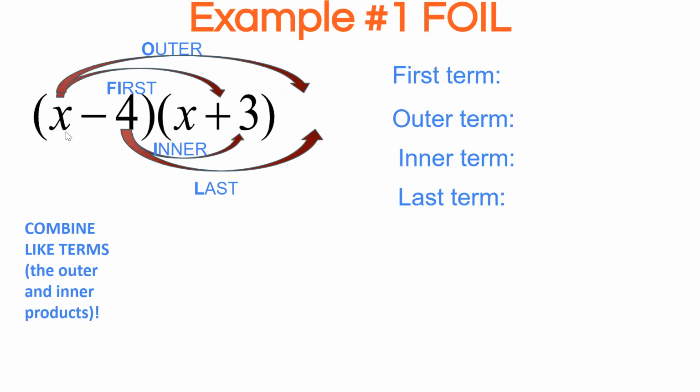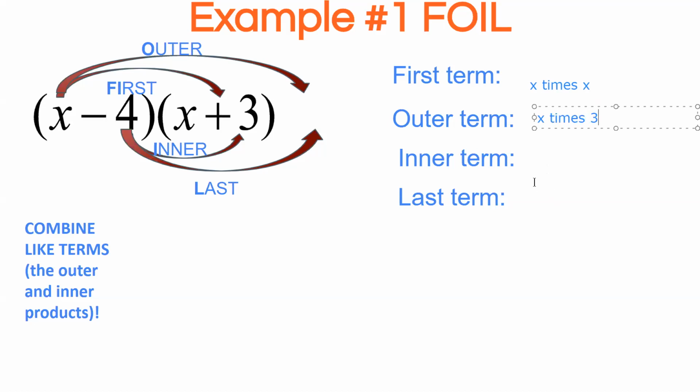So here, if we had a problem, what is my first term? The first terms are the x's. Good. So I got x times x. My outer terms are the x and the 3. x times 3.